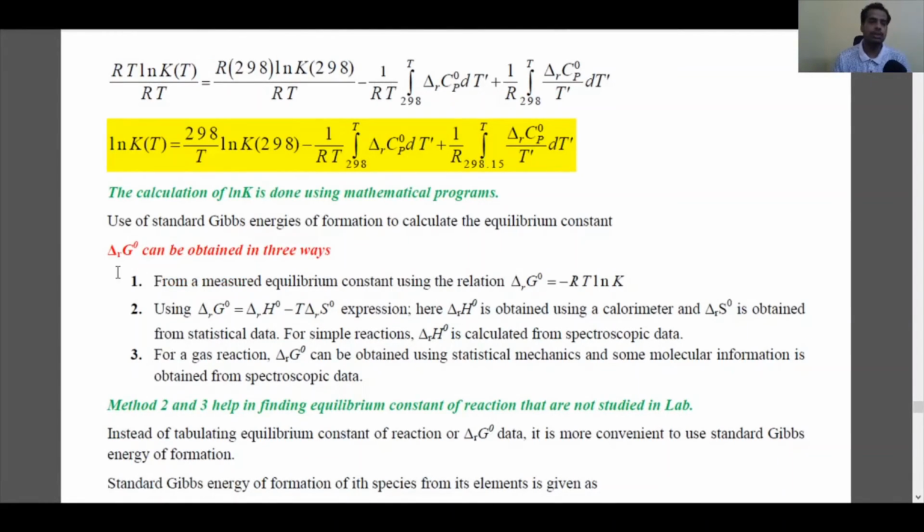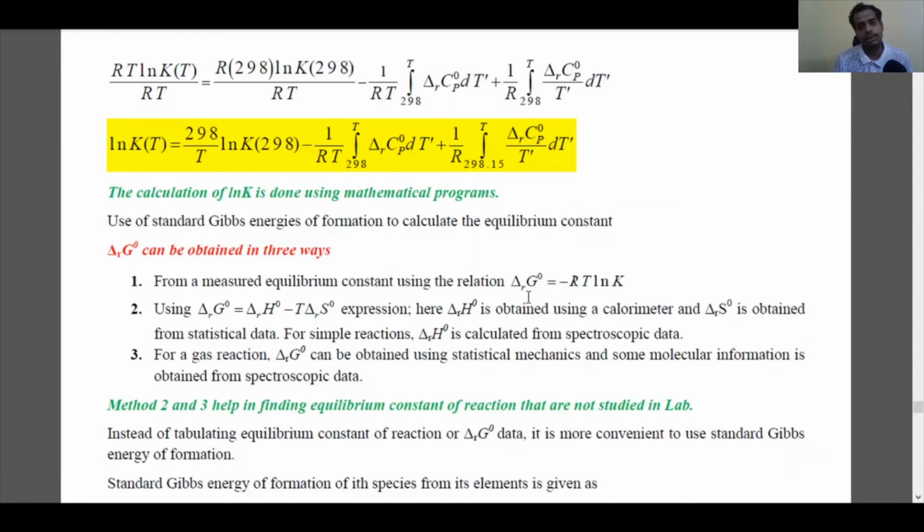Then we will go to the reaction Gibbs energy at standard state. If we know the reaction Gibbs energy at standard state, we can find the equilibrium constant, because it is a simple relation, minus RT ln K. By any means, if we know this, then we can find the equilibrium constant. So what are the methods?